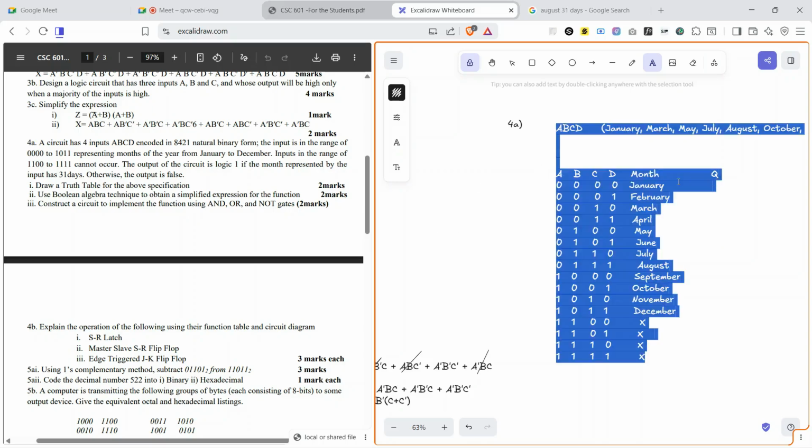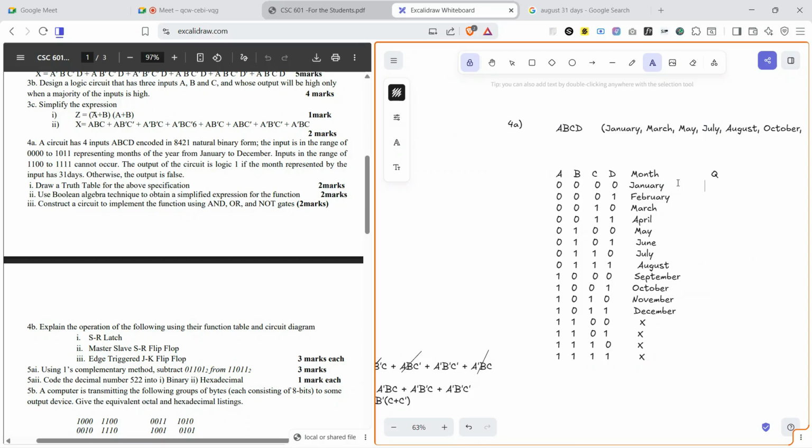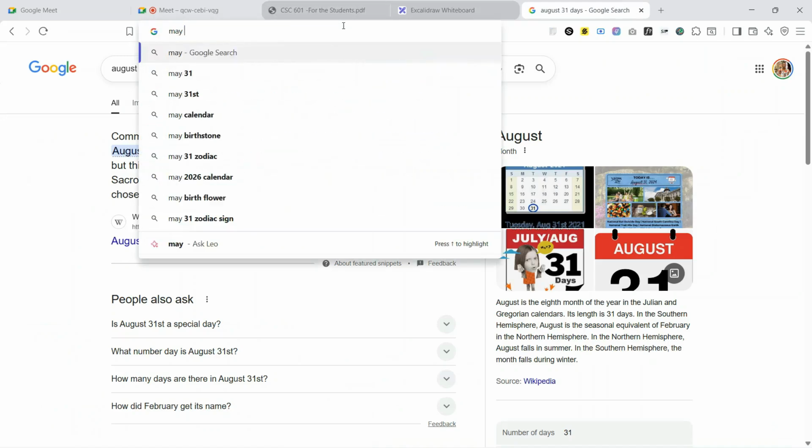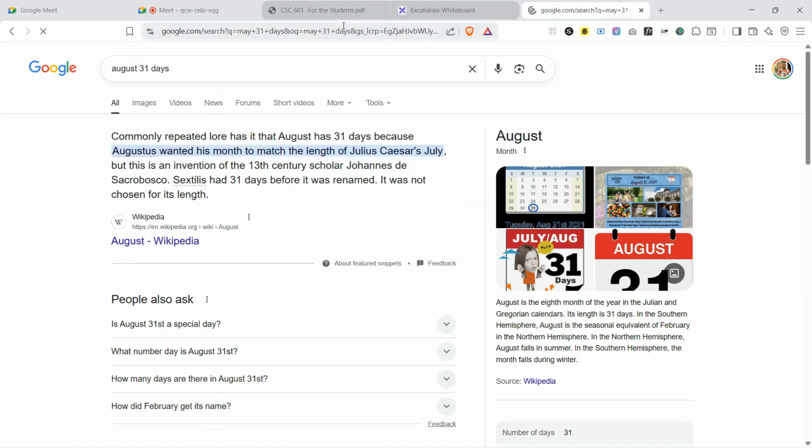So it means for January, 1. February would be 0. March 1, April 0, May 1. May is 31 days.